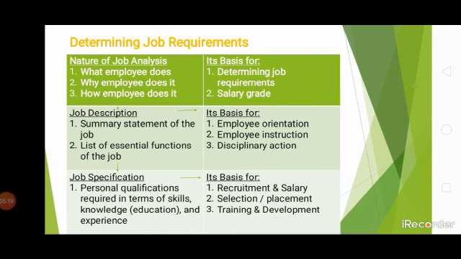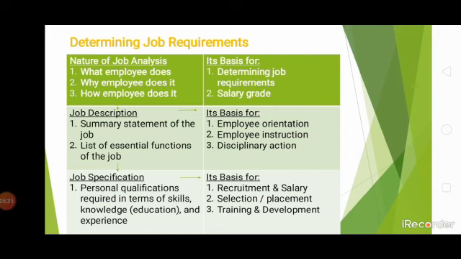It is a basis for determining job requirements, salary grade. And next, job description. It has two functions: a summary statement of the job and a list of essential functions of the job. It is the basis for employee orientation, employee instruction and disciplinary action.